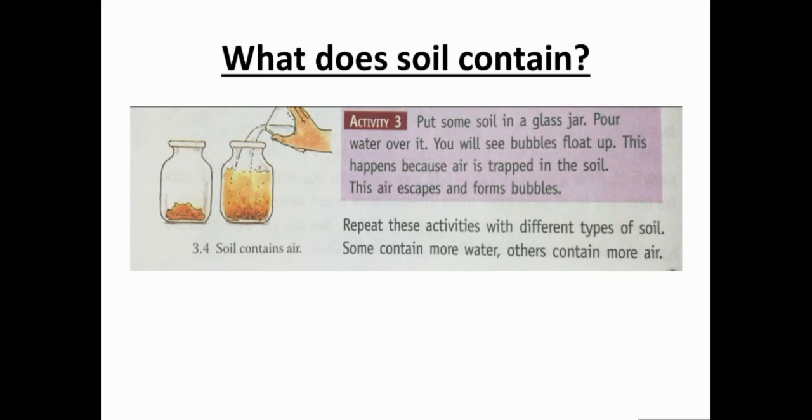This air escapes and forms bubbles. You can repeat these activities with different types of soil and you will see that some contain more water and some contain more air. So what all things does soil contain now? Humus, clay, sand, stones, water and air, as you can see in your book.